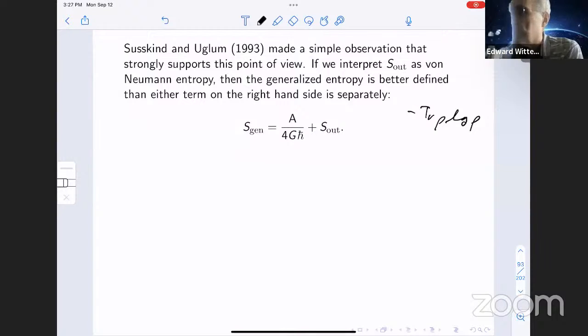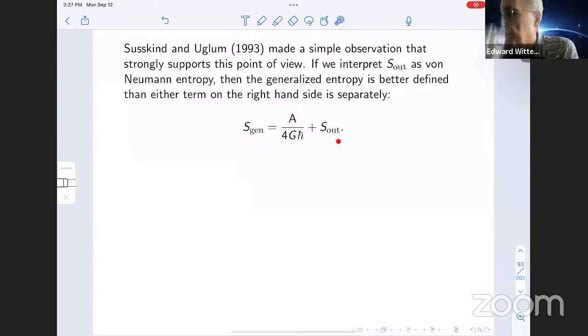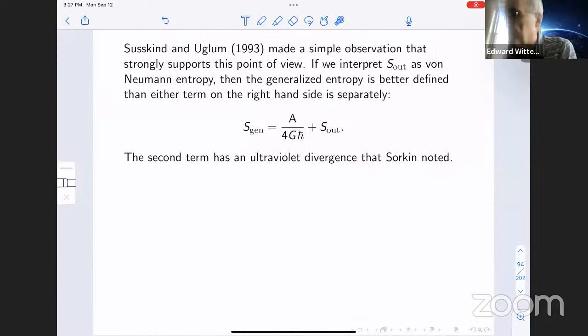So Sorkin had improved the definitions so that S out would be always defined, but then he had discovered that it had an ultraviolet divergence, which was bad. But Susskind and Uglum pointed out an obvious fact that everyone had been overlooking, which is that the first term has the same kind of problem.